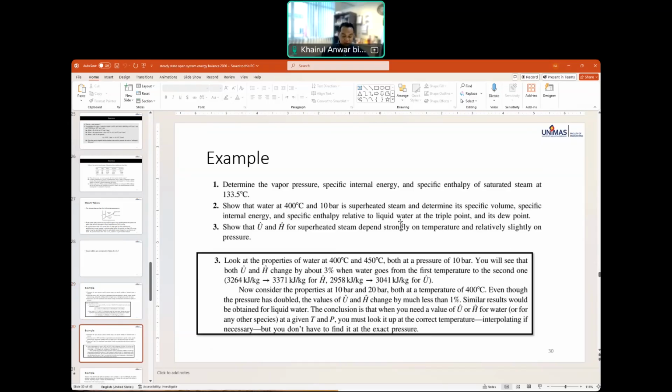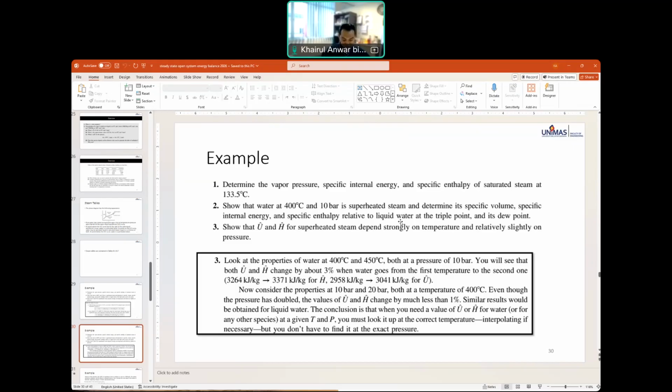Let's say the same pressure, for the 400 degrees C, the specific internal energy U, specific enthalpy H. You see the changes with increments of 50 degrees C. Now consider at 10 bar, both at 400 degrees C, and check for the 20 bar.